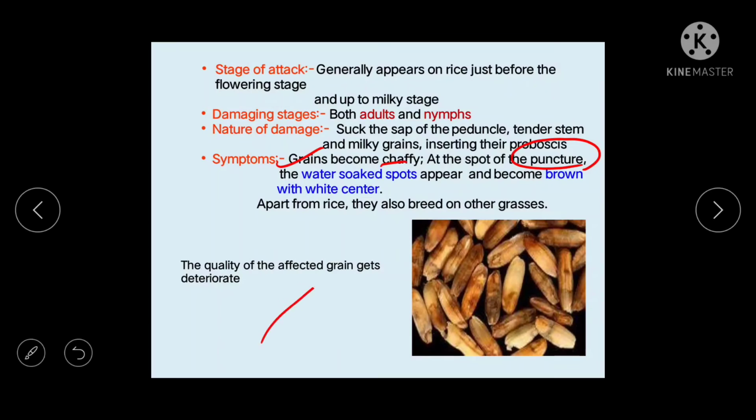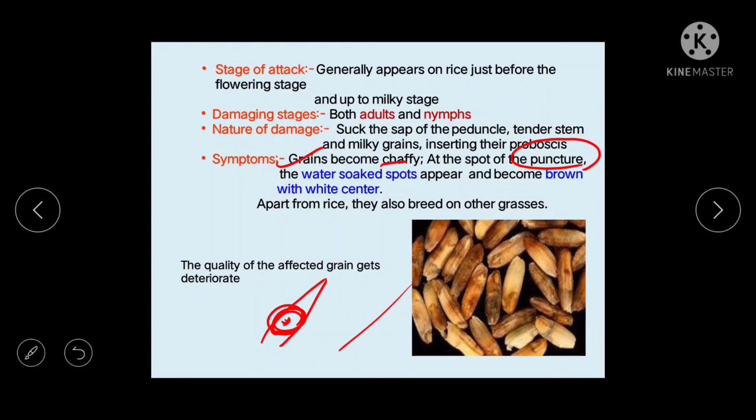Suppose this is the grain and they start feeding by puncturing this portion. This portion will be visible, and in this area a water soaked spot will form; the border will become brown and the center will be white. So these will deteriorate the quality of the grain.